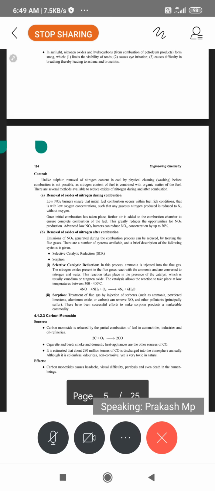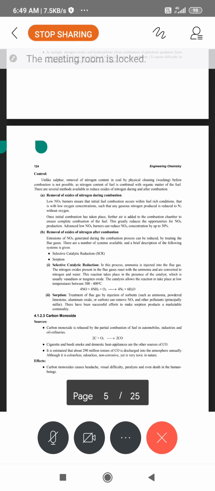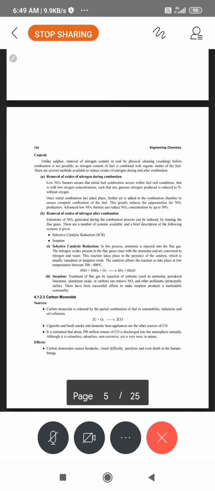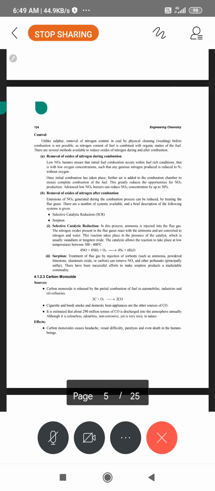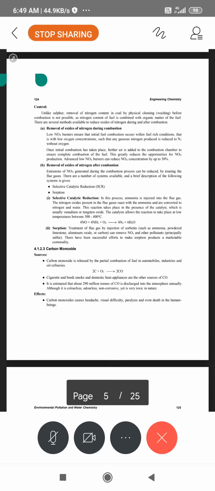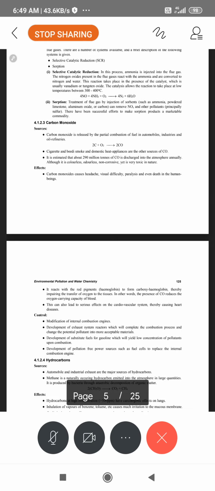Because of this irritative gas, it causes infection, systems and impairment of all the organs. They become functionless. We can take care of these nitrogen oxides.